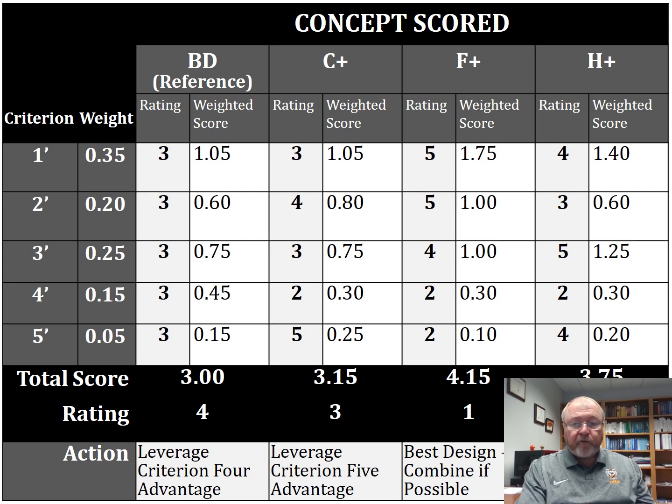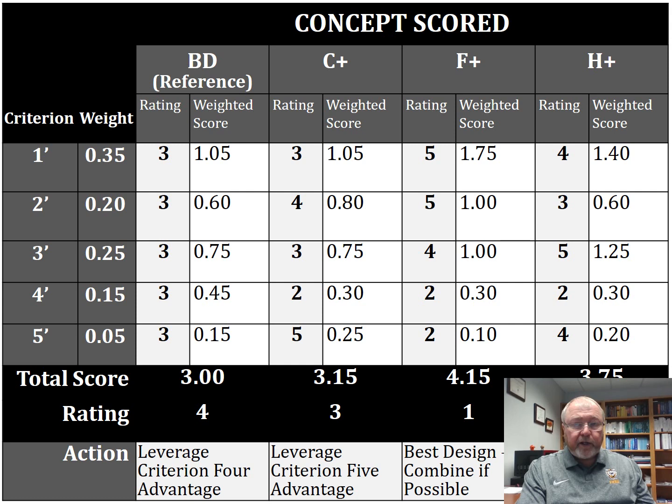On criteria 4 and 5, F+ was worse than the standard. Well, if at all possible, what I'd try and do is, the standard actually scored highest on that criteria. I would be looking at to say, is there anything I can learn from the standard design that I might be able to incorporate over here into F+?